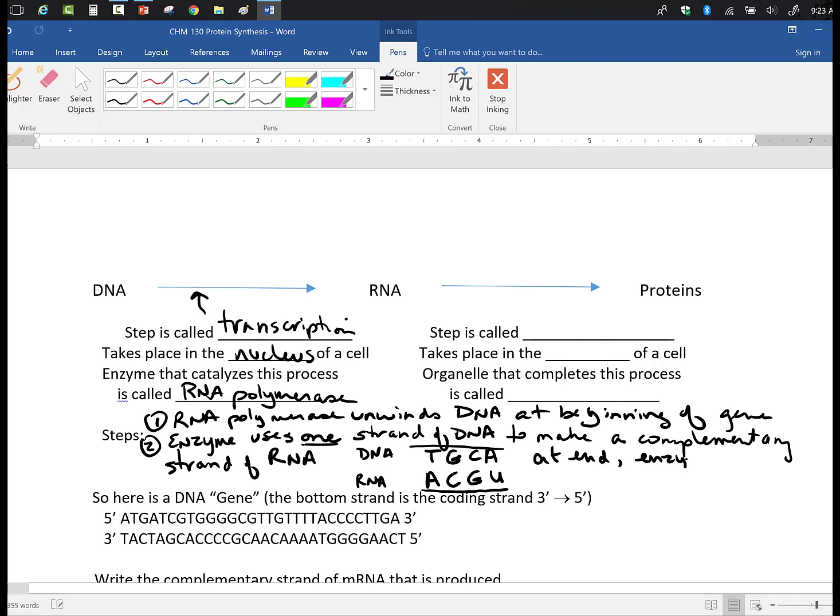So at the end, the enzyme releases the RNA, and the DNA winds back.